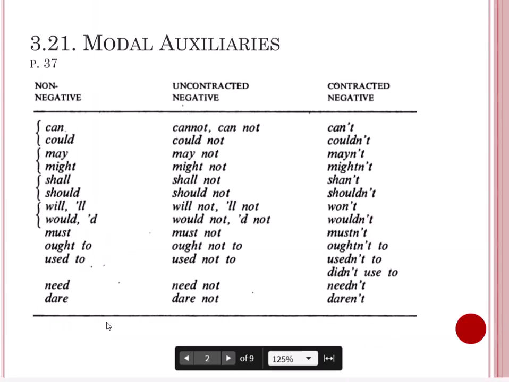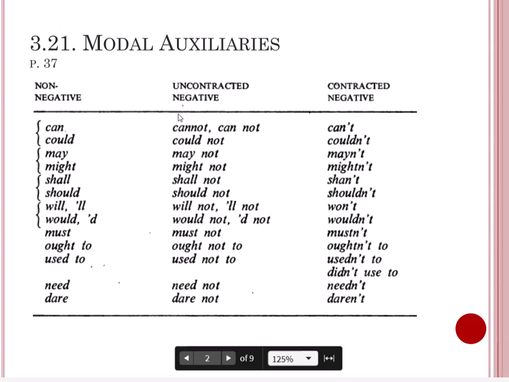So the modal auxiliary verbs are listed here. We have the negative, non-negative, or the base form of the verb, can, could, and so on. So we have the base and we have the ed1 form for each one of the verbs. So can is the base form, and the verb could is the ed1 form of the modal auxiliary.